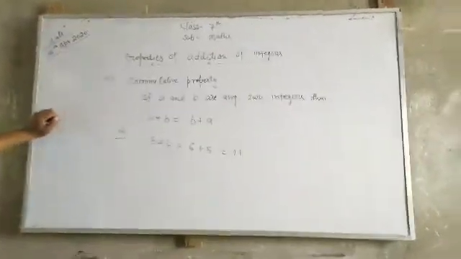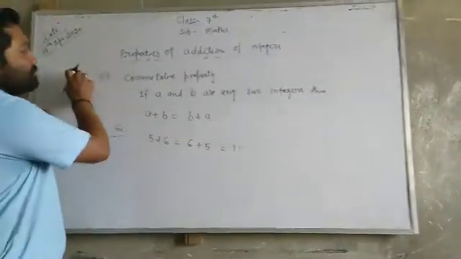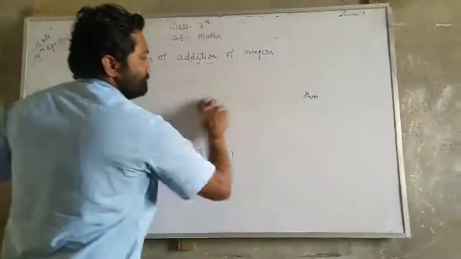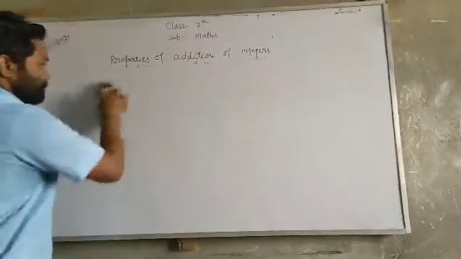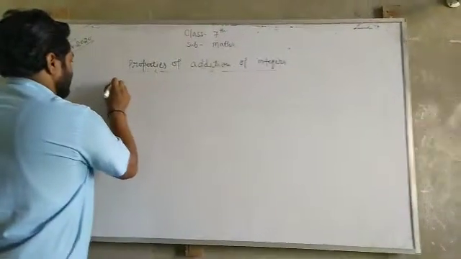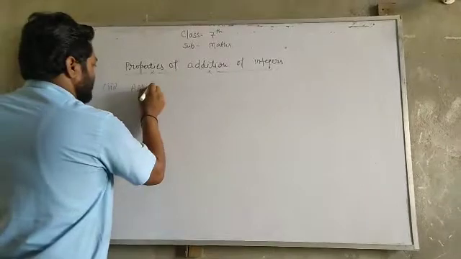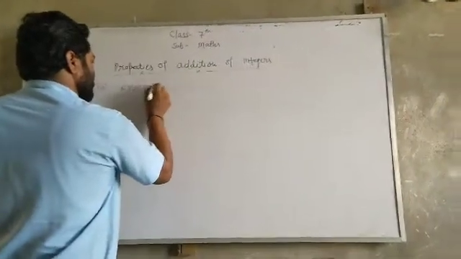And the third property of the addition of integers is associative law. Third property is associative law.